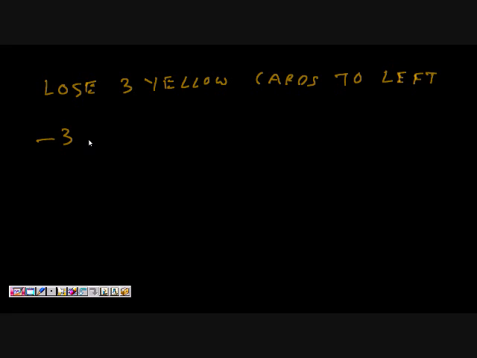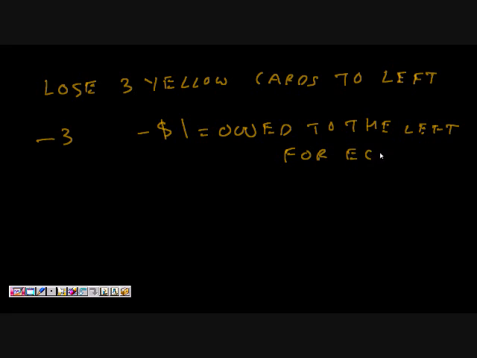So you are gaining money from him and he's losing the money. So from your point of view, it's a positive. That means that you're gaining $3. So each yellow card is worth $1. Now you owe $1 to the left for each card given.